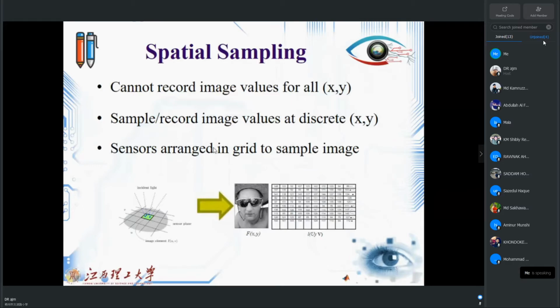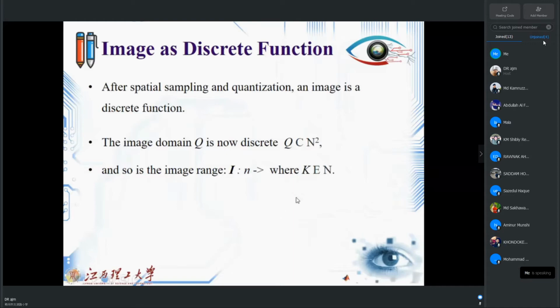Suppose these are my X and Y, then the spatial sampling can be some grid like this. After spatial sampling and quantization, an image is a discrete function.